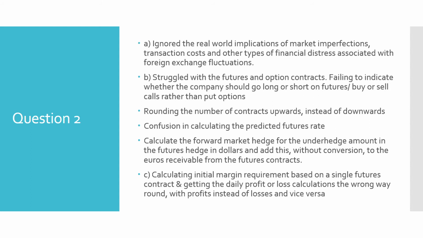As far as I remember it was 3,500 or 4,500, I'm not sure. I think it was 3,500. The initial margin has to be multiplied by 81. Most of you have just taken 3,500 only without multiplying by the number of contracts. Yes, it was 3,500, so you have to multiply by 81.